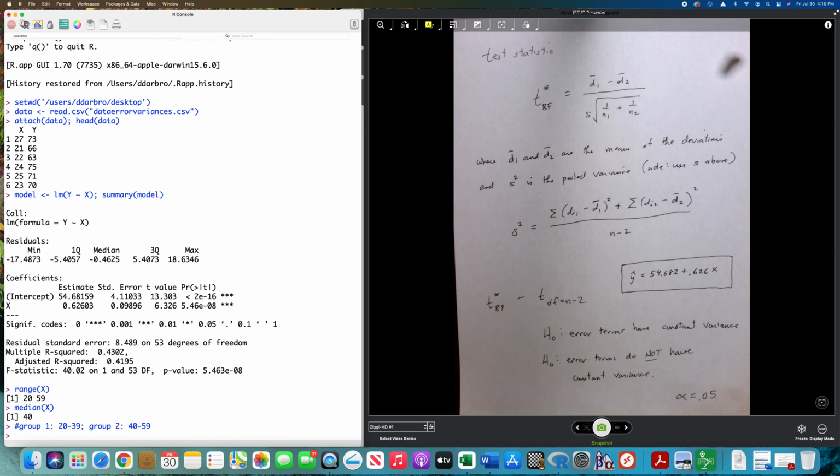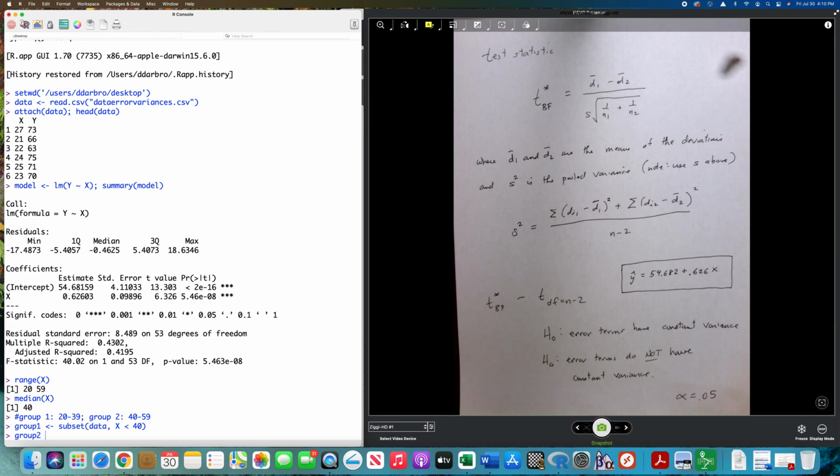All right. So first thing I need to do is create group 1, and I'm going to do that by subsetting my data, and I want to choose my x's less than 40.